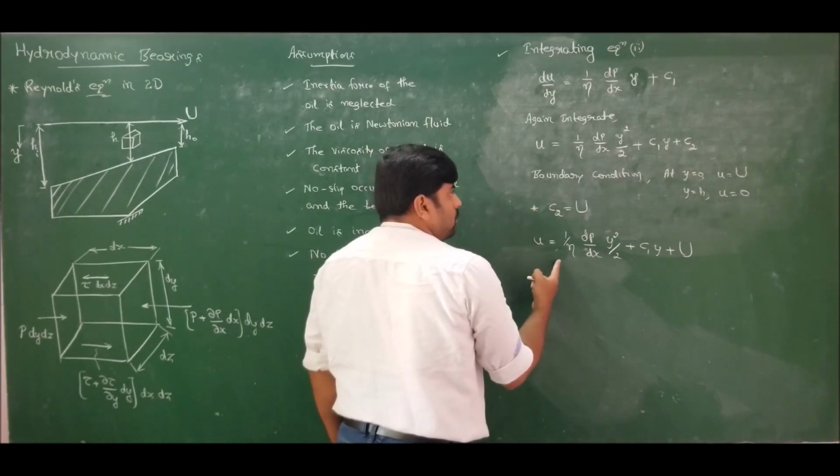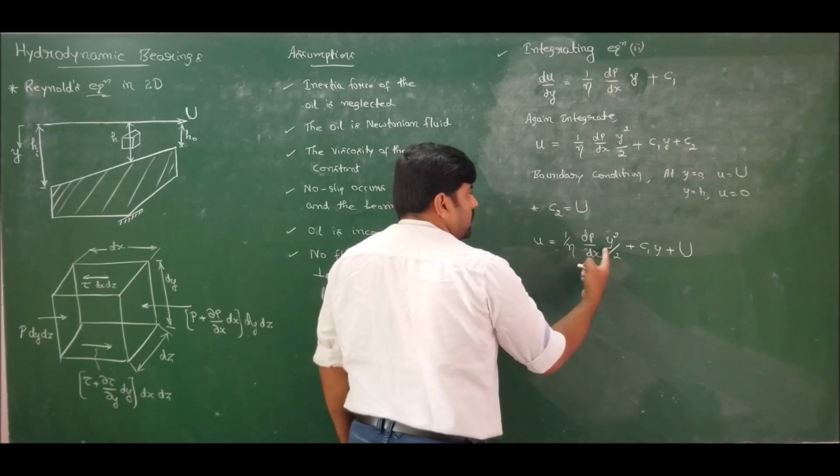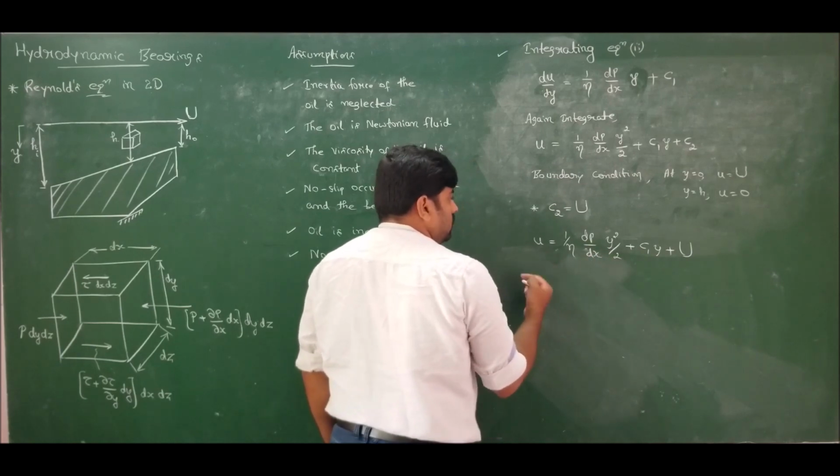If I put the second boundary condition, I should substitute y is equal to h and small u is equal to 0.